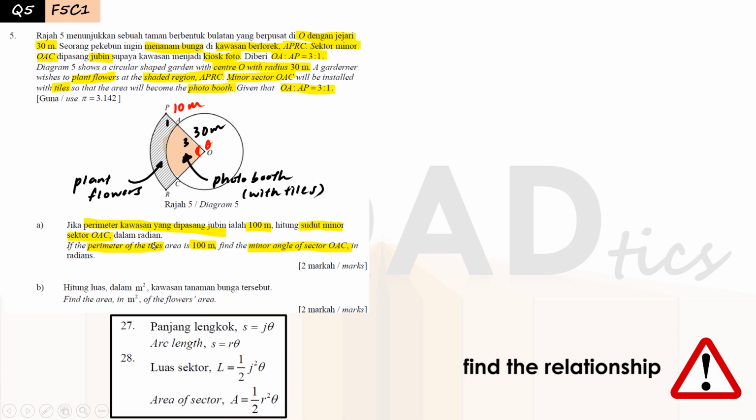If you want to find the arc length, it would be r, the radius of the circle, multiplied with theta. Theta is the angle that we are trying to find here. So there is a relationship between the minor angle and the perimeter. To find this angle, we can form an equation according to the information here.